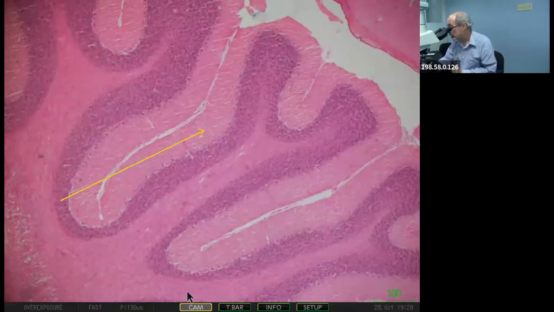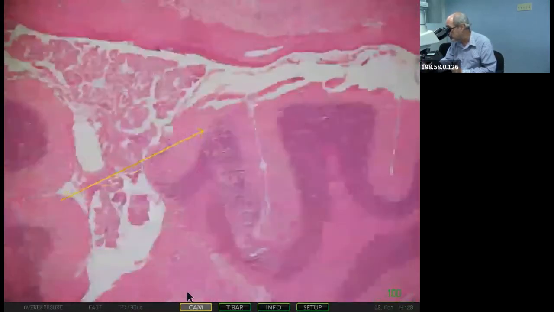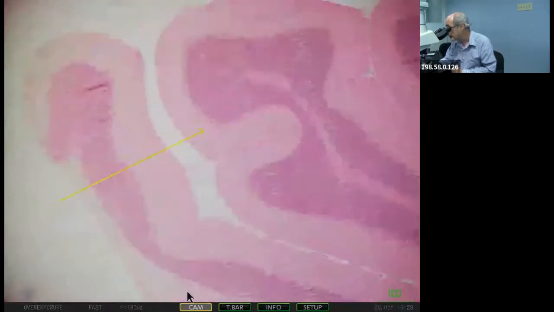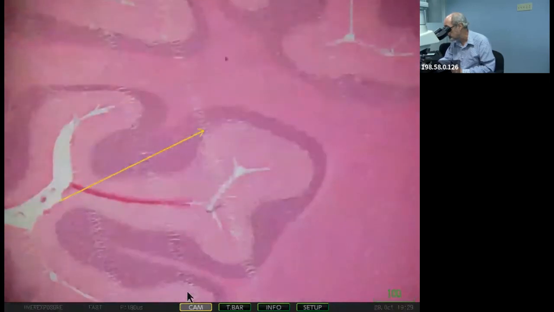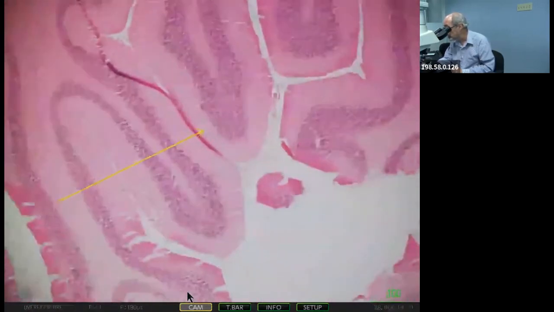You have 3 layers in your cerebellum. Your cerebellum is characterized by folds. You see you have some fissures and some folds, which are called foliae. Foliae means leaves in Latin.